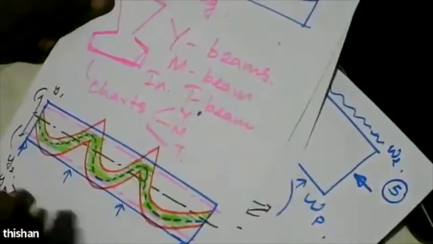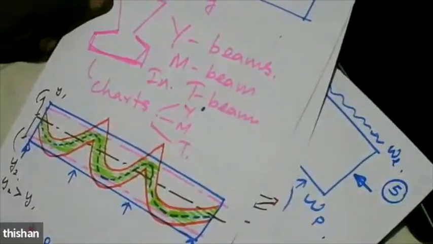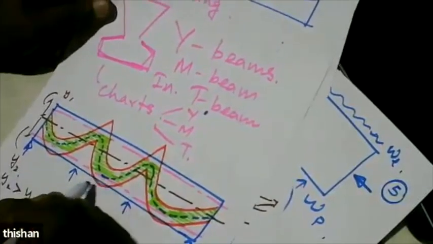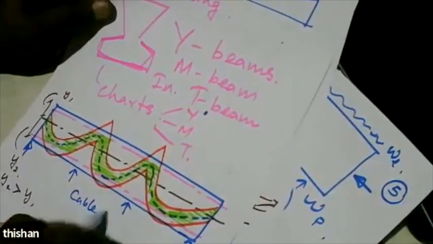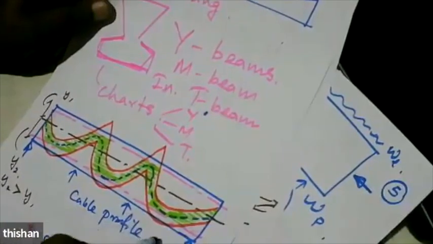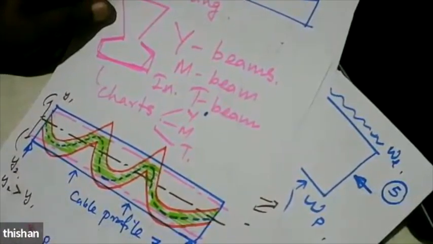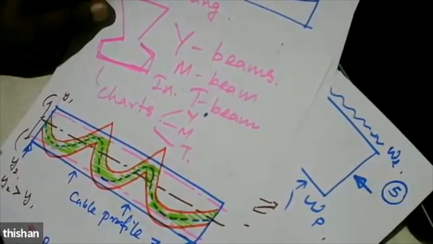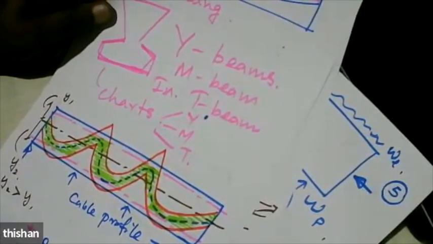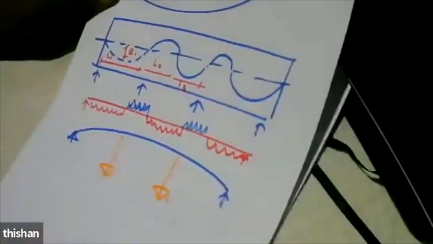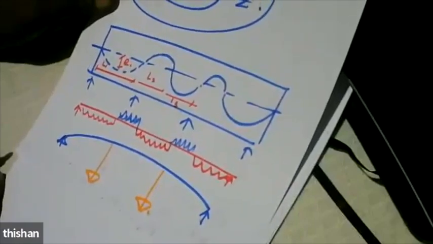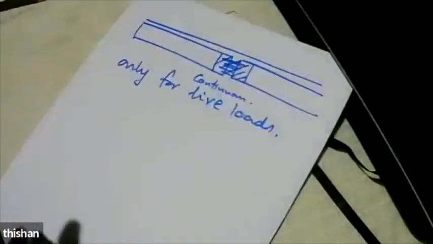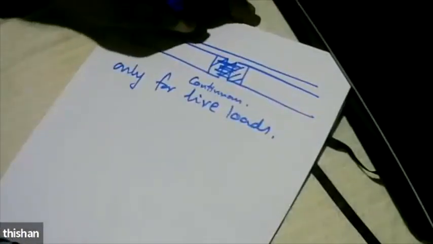So we say we are going to fit a cable within the zone. This is a cable profile zone. Not a line, it's a zone, and within that you can fit a line. It's perfect, but after doing all these things, suddenly you find some strange moment is coming, and that is going to derail all your calculations. So people thought, okay, why do we worry about it?